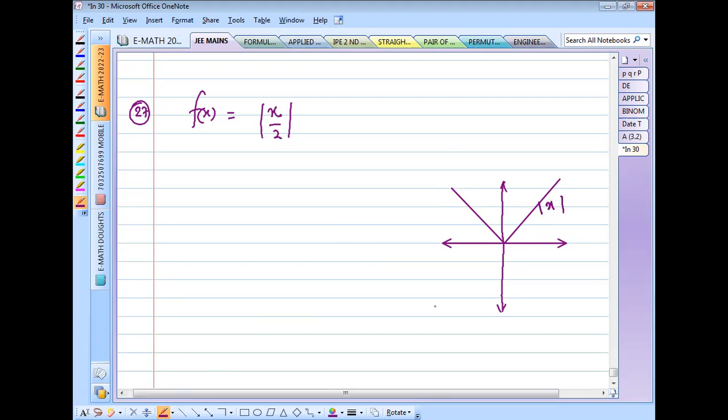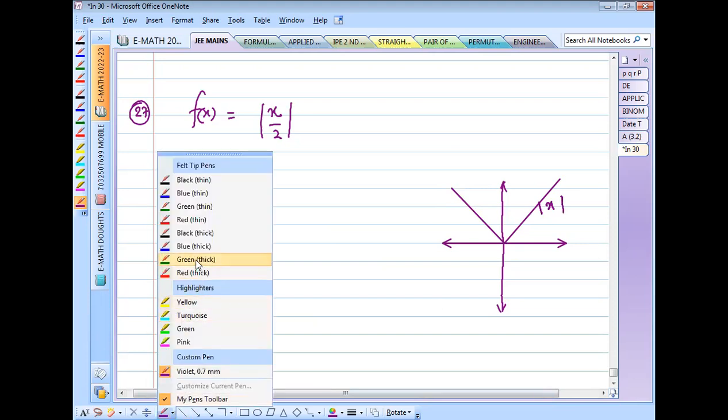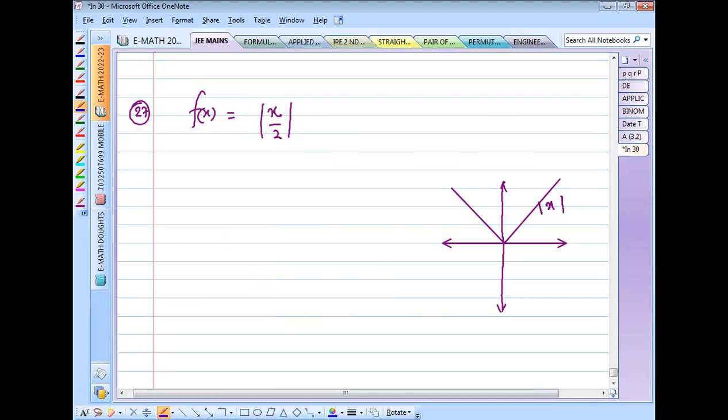If you do mod 2x, this is mod 2x. That means you can understand that if the multiple is rising, mod x, mod 2x, mod 3x, the graph is compressing itself towards the y-axis.